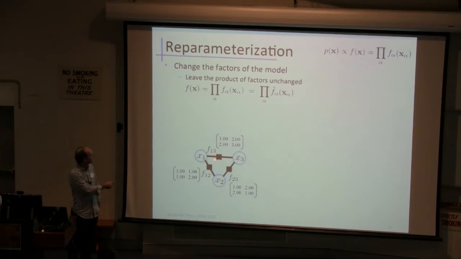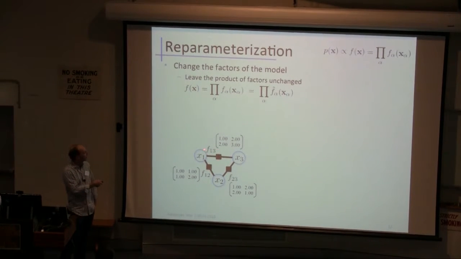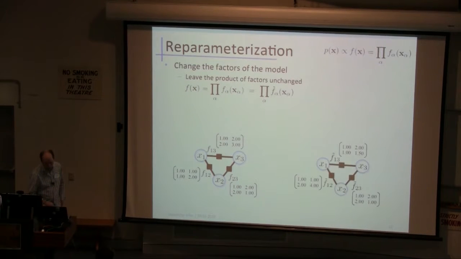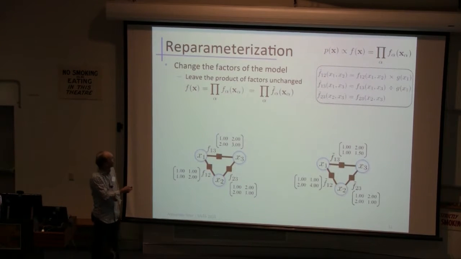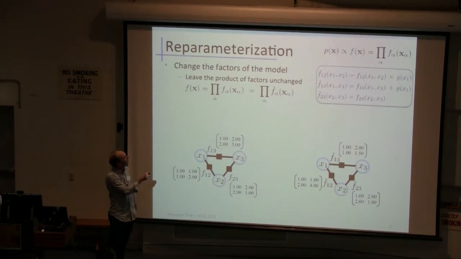So you can think of a small pairwise system over 3 variables, x1, x2, x3. So here we have factors. These factors are over, say, x1 and x3. And what we can do is redefine new factors, say f tilde, and just change them in a way that leaves the product unchanged.